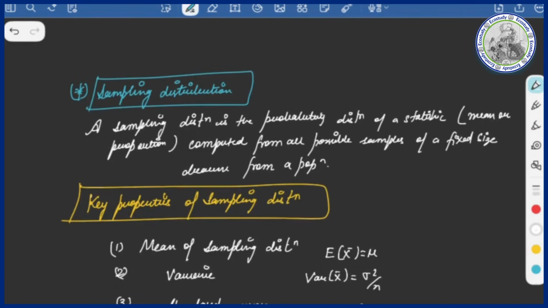In a sampling distribution you have to collect the samples, the probability distribution of the statistic computed from all possible samples of the fixed size. Now how will you collect the samples? I have already taught simple random sampling, but I should recall it here.